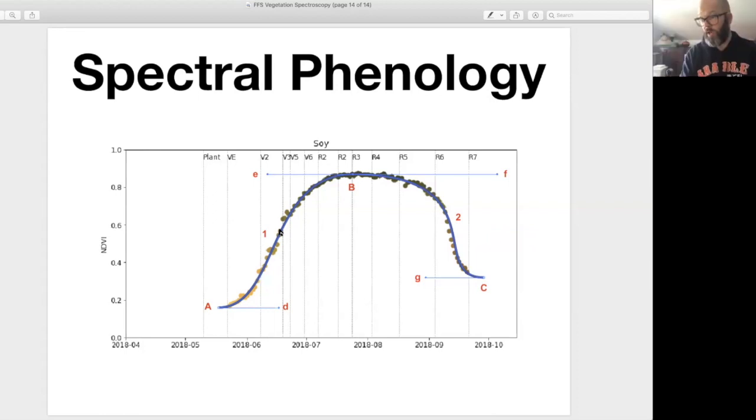Yeah, so the answer is yes. We're focused on using the green chlorophyll index for doing that. We have done some work in corn for measuring canopy nitrogen using this. One of the obstacles for me has always been the use case.